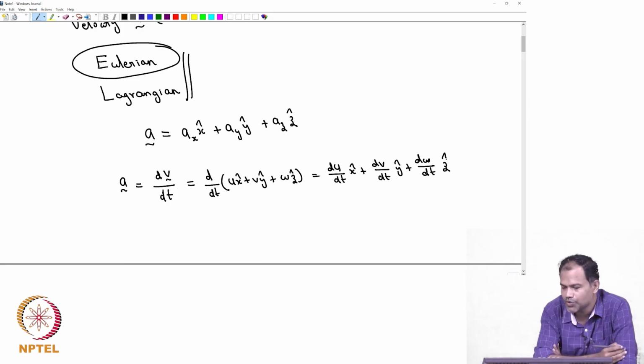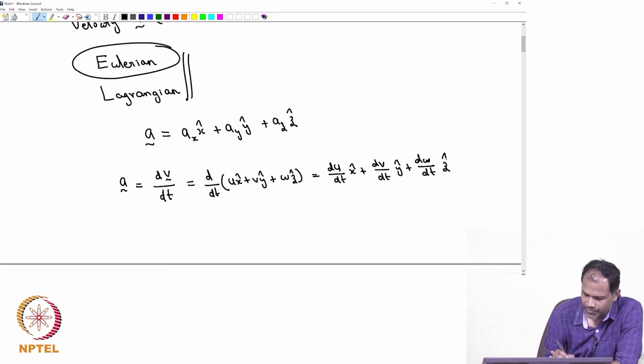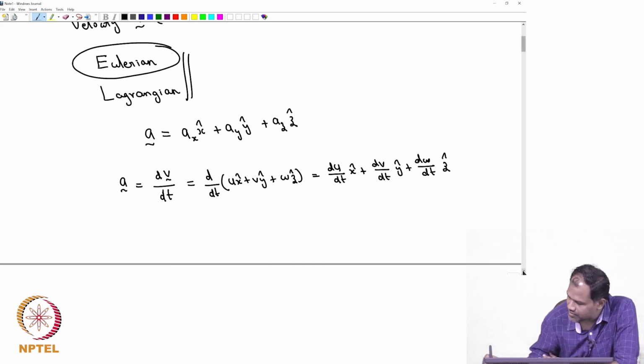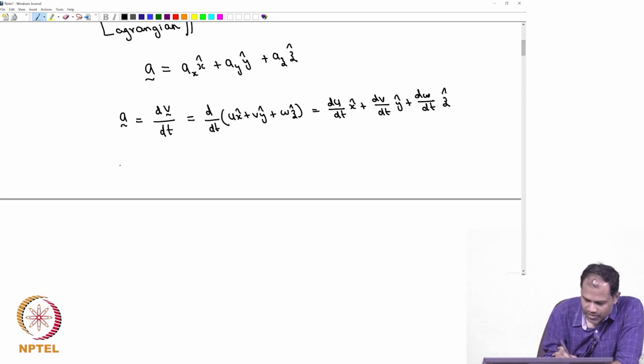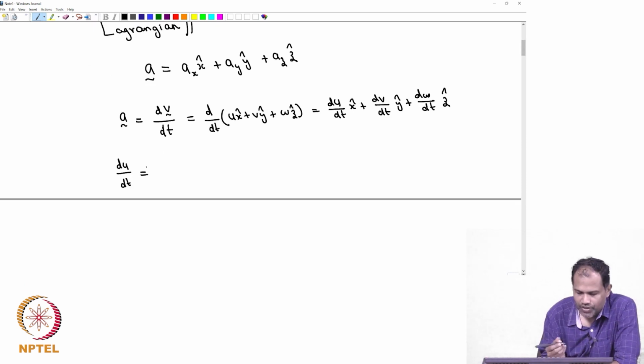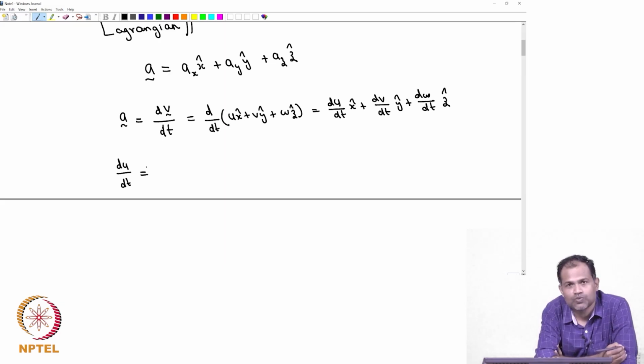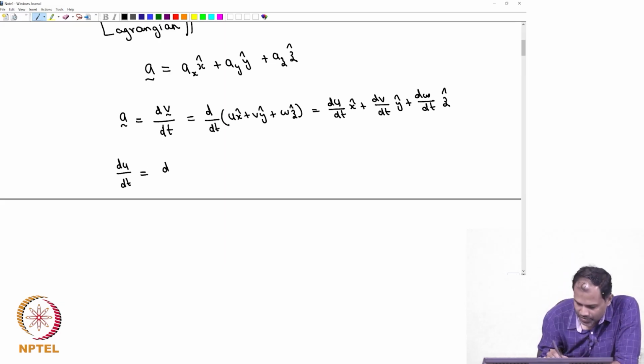Except that now I need to know what du by dt, dv by dt and dw by dt are. I can calculate that. du by dt is equal to, remember u is a function of x, y, z and time. So, let me write d by dt of u, which is a function of x, y, z and time.